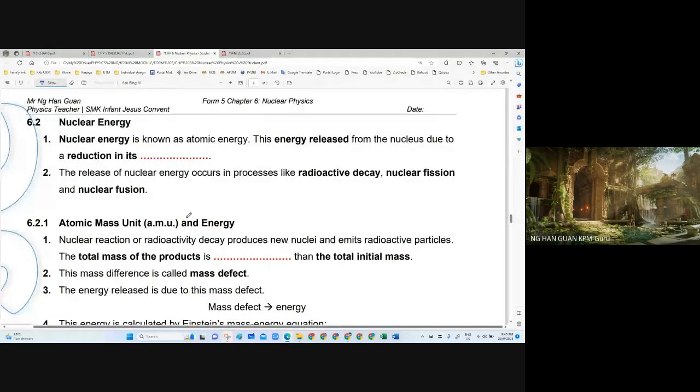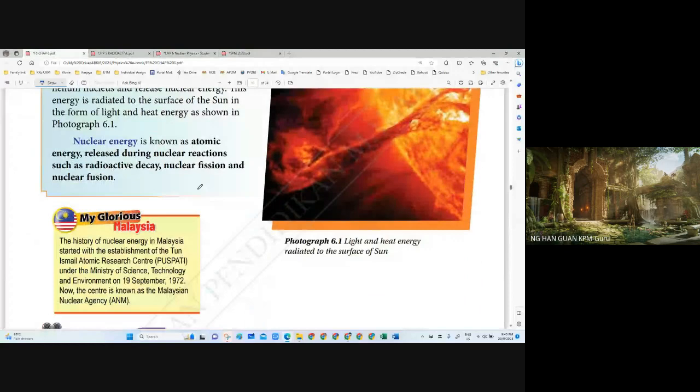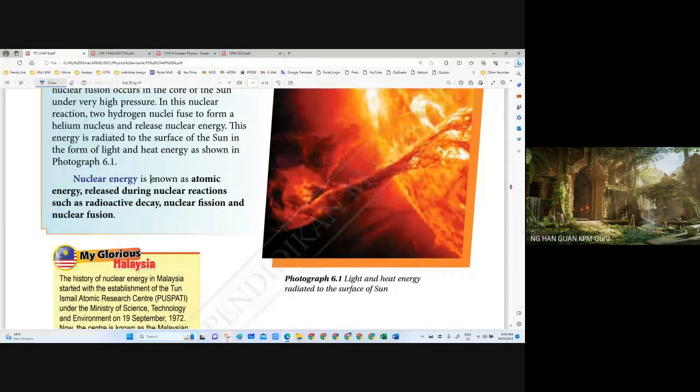Okay, 6.2, basically you need to know the two important processes about nuclear energy. How is the radioactive able to release the nuclear energy? If you look at your textbook, nuclear energy is the atomic energy which is released during nuclear reactions.